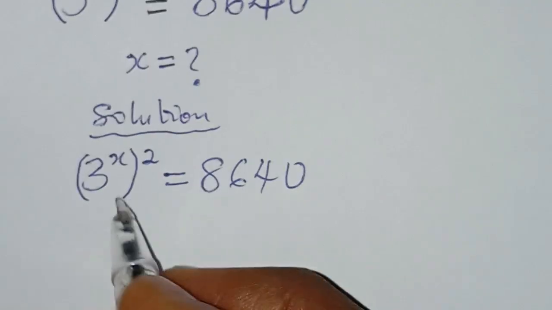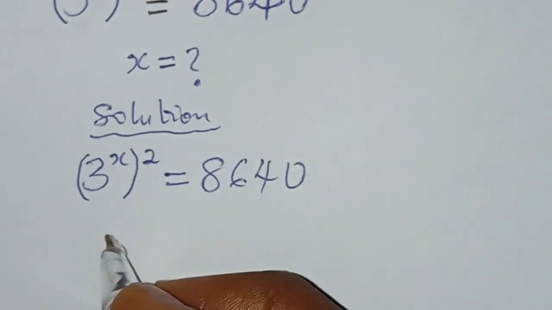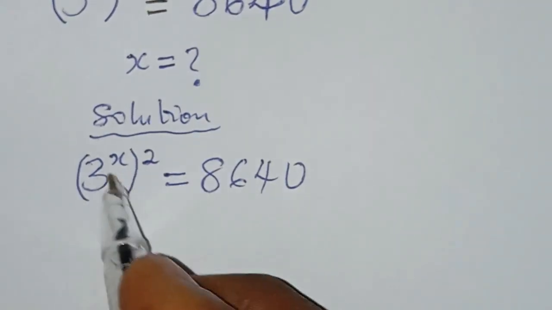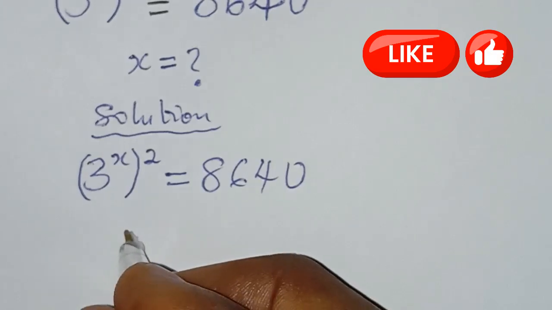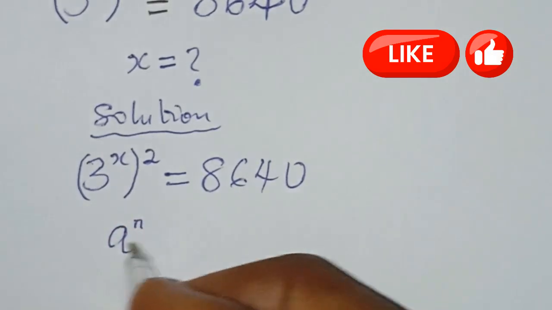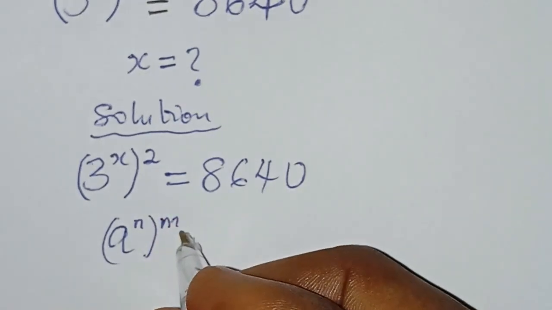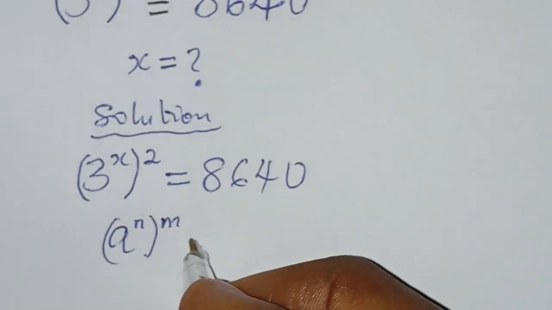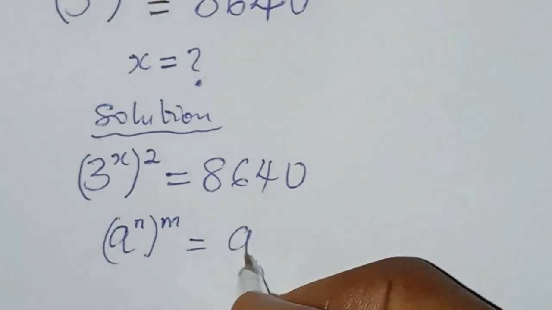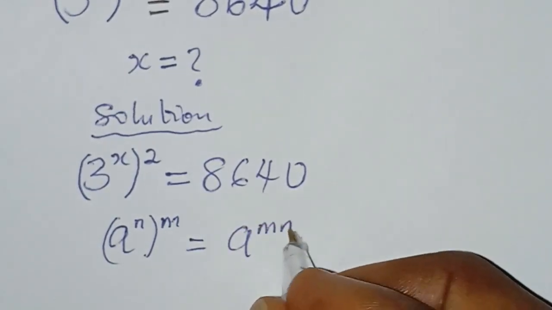So to do this, we can put this left hand side in the form of (a^n)^m, which can be written as a^(mn).